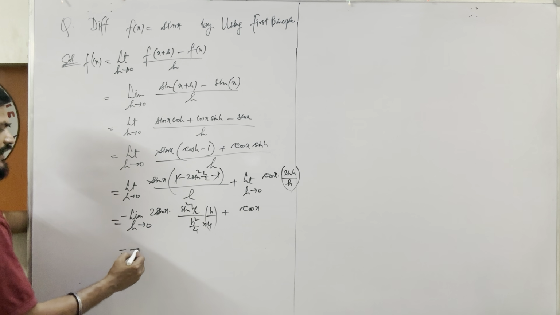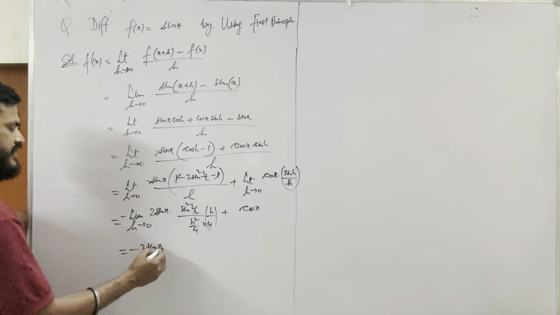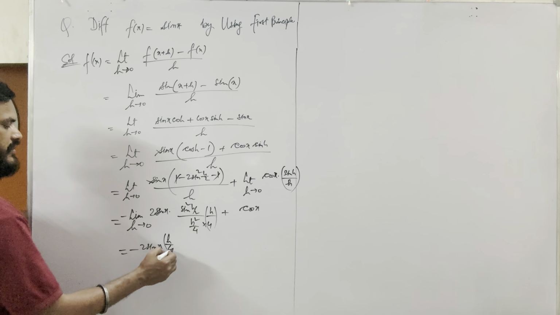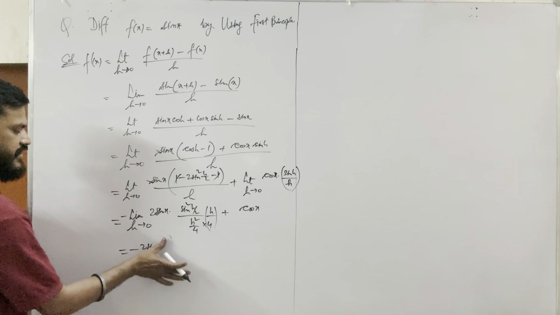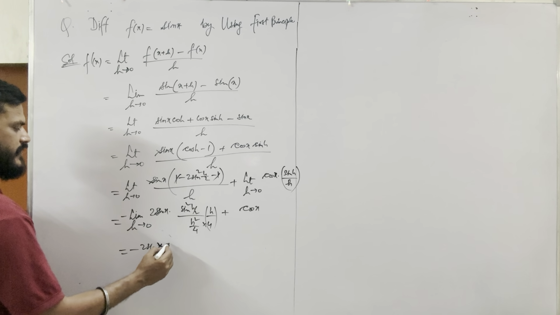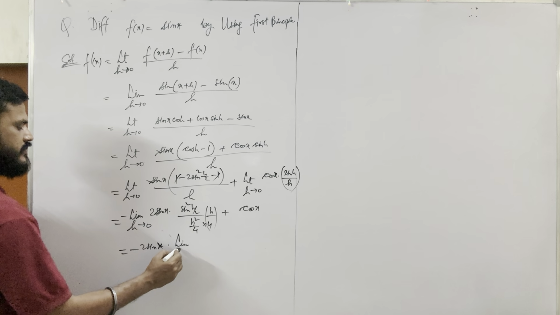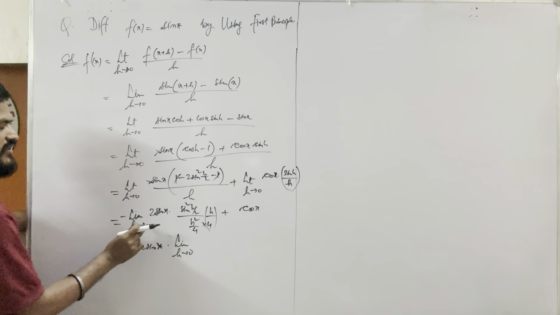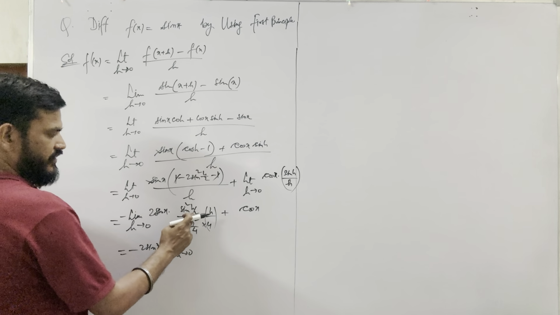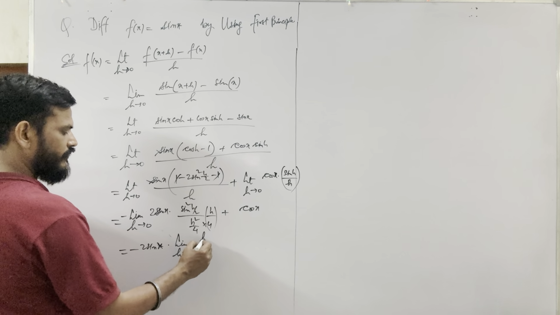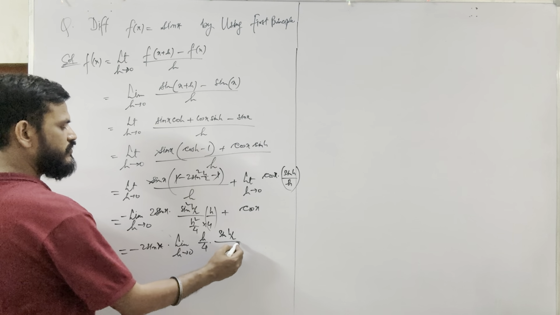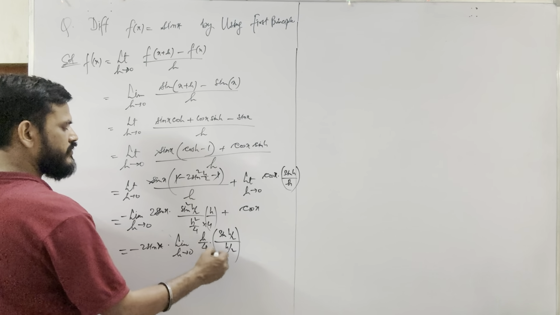Now here minus 2 sin x, and then h by 4, let h by 4 be inside. We have limit h tends to 0. I'm taking minus 2 sin x outside because it doesn't depend on h. Now here we have h by 4 and then sine of h by 2 divided by h by 2, whole square.